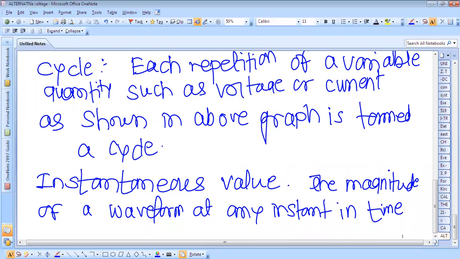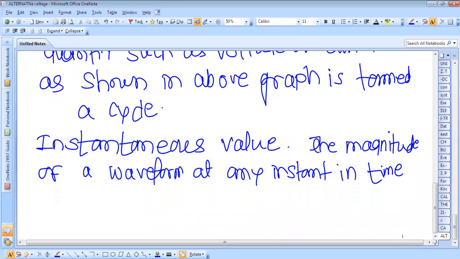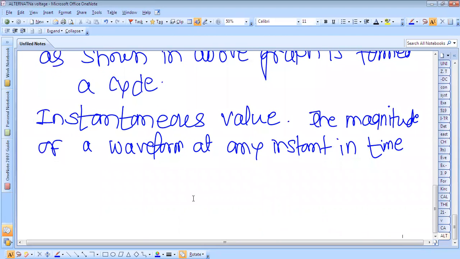Instantaneous values are generally denoted by small letters.